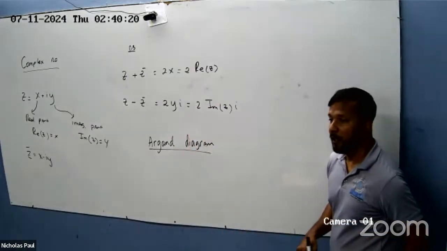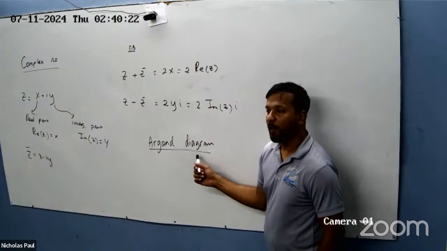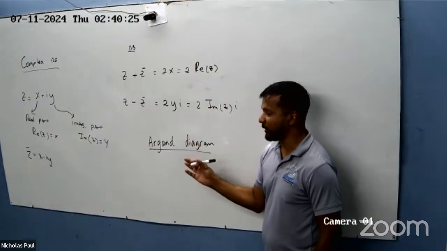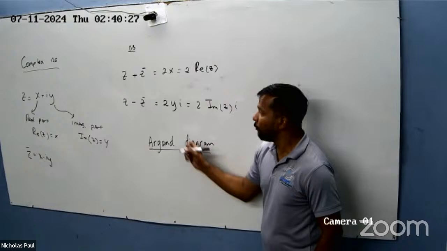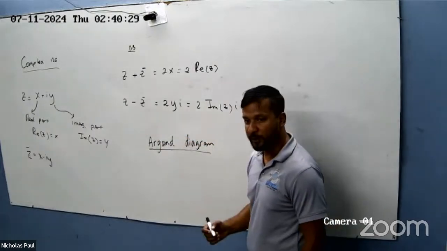All right, ready? So an Argand diagram, just like plotting a coordinate, is a way for you to represent a complex number in a 2D diagram.